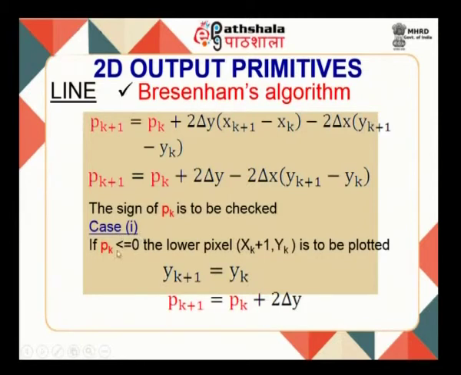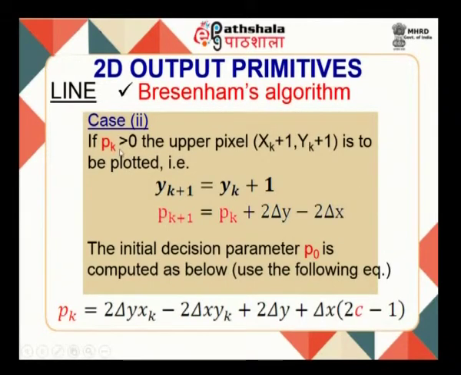In case 1, if pk is less than 0, for the lower pixel you will be choosing yk as the next y. Now compute the equation for the next decision parameter: replace this yk plus 1 with yk. So, yk gets cancelled, this whole term becomes 0, and you are left with the next decision parameter equal to pk plus 2 delta y.